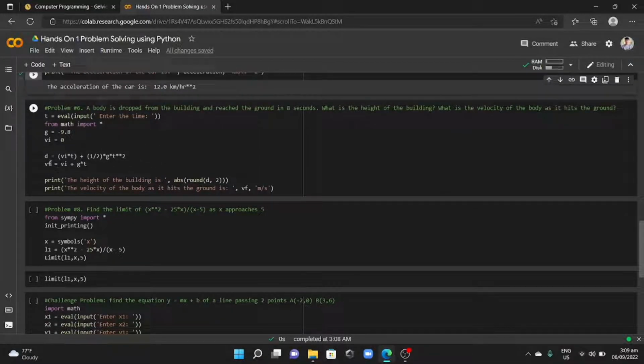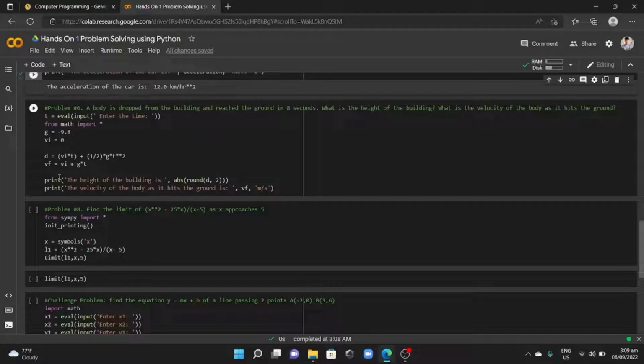For our formula, for the height, we have the distance is equals to initial velocity times time plus 1/2 multiplied to the gravity times time squared. And for the velocity, we have velocity is equals to initial velocity plus the gravity times time.